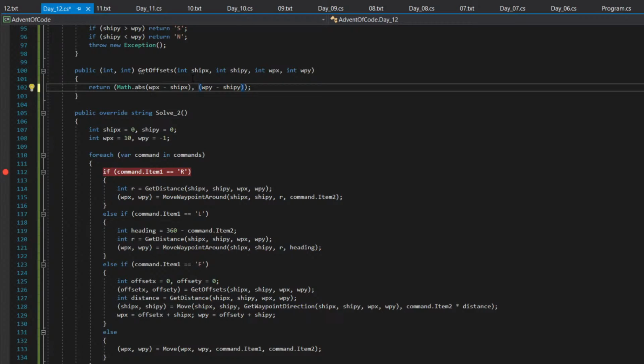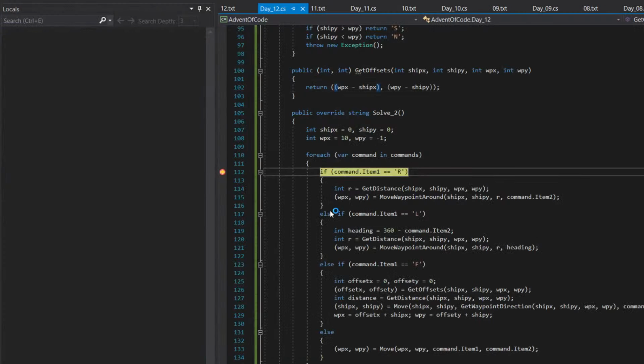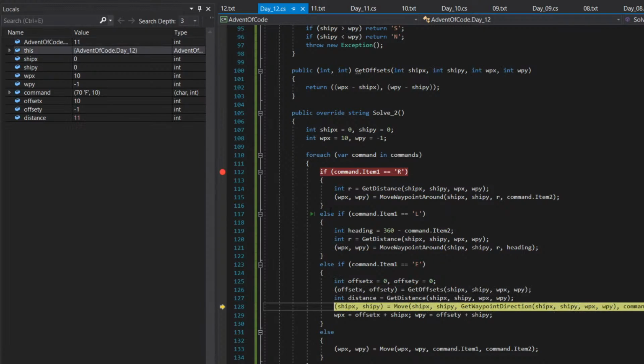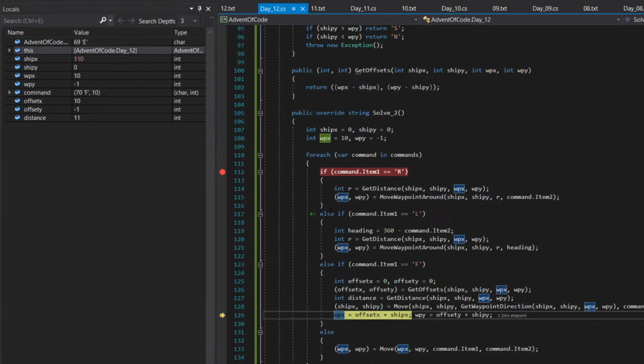No. Should it be? All right, we get our offsets. Our distance is 11. We're going to move the ship, but the ship... 10 and -1.